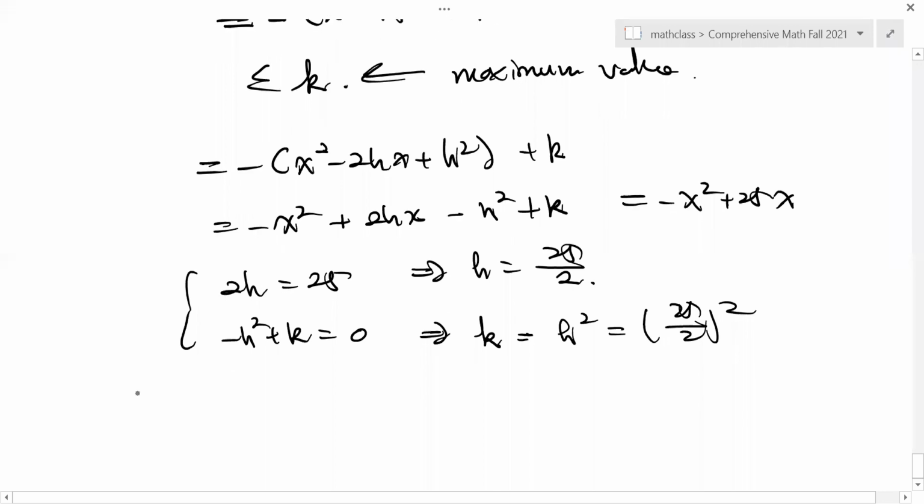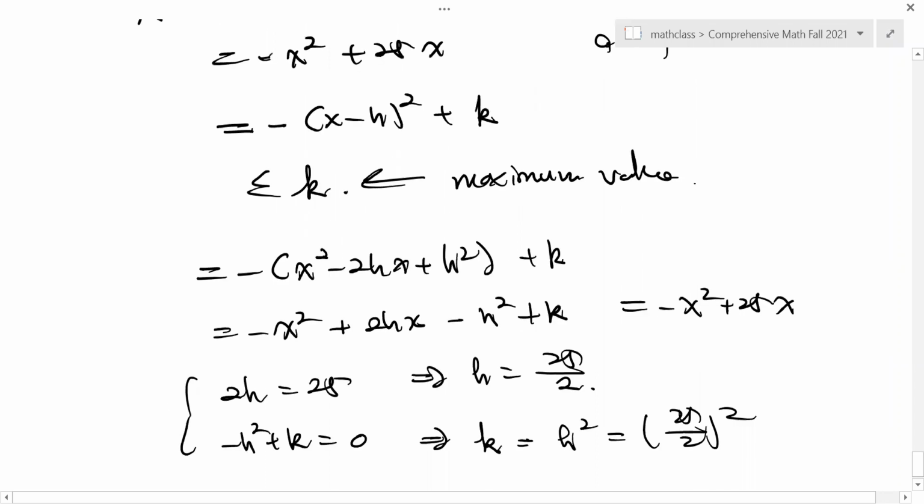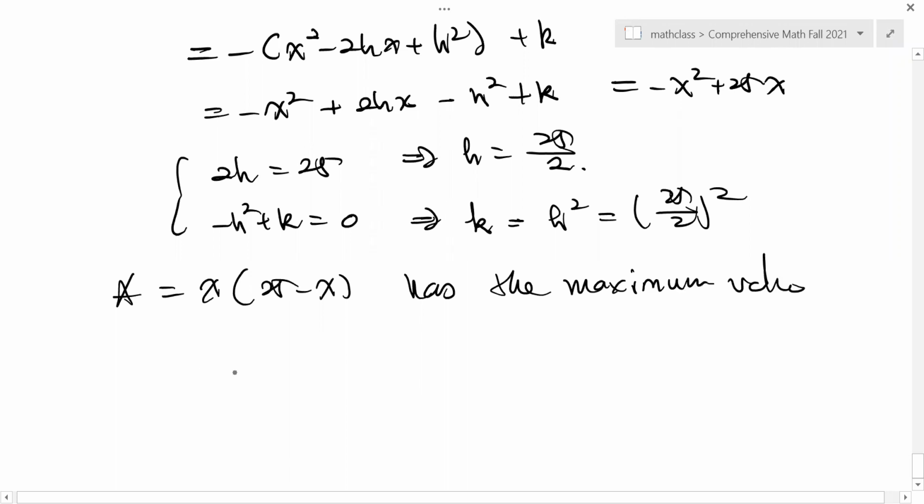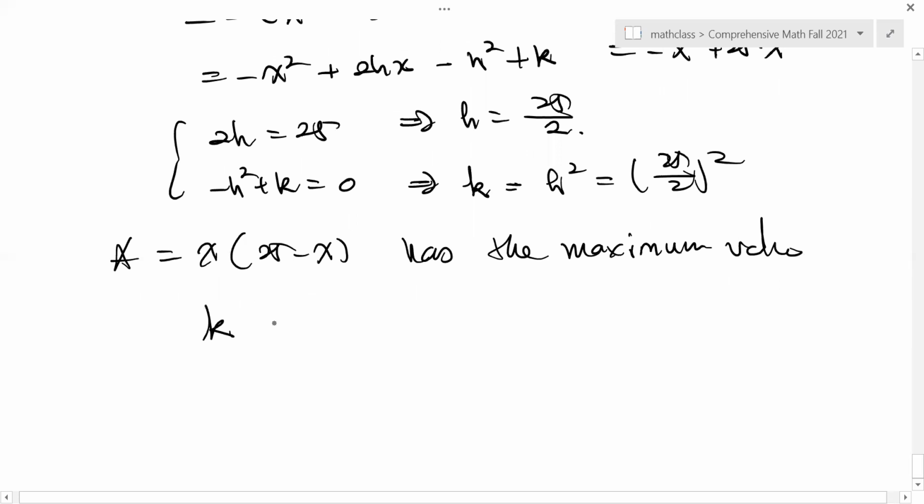Okay, so we conclude that x times (25 minus x) has the maximum value k, which is (25 over 2) squared.